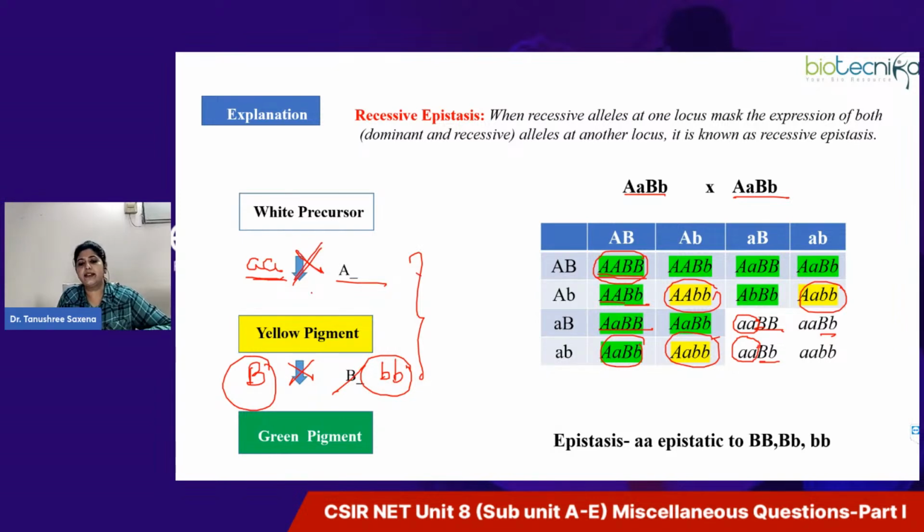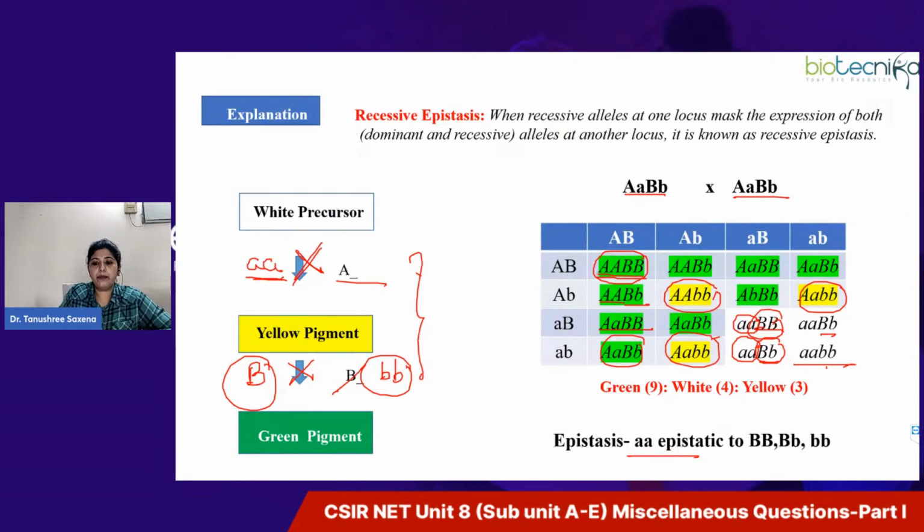So we can say the recessive A allele is epistatic to the dominant or recessive allele of the other gene. This results in a 9 to 4 to 3 ratio, that is green 9, white 4, and yellow 3. Usually, if a dominant allele is there, it should show its expression, right?